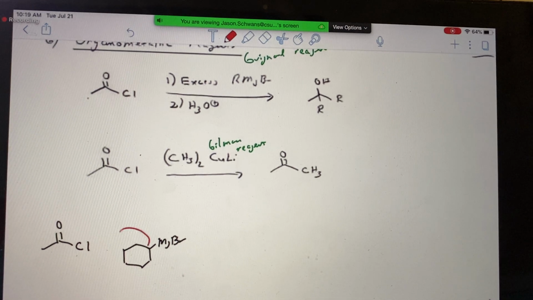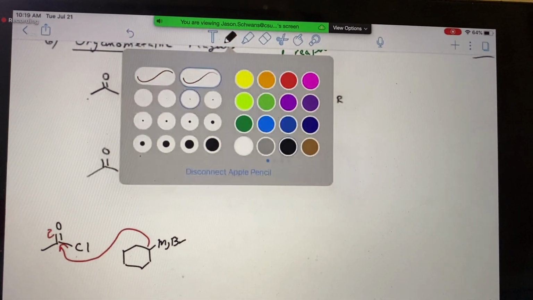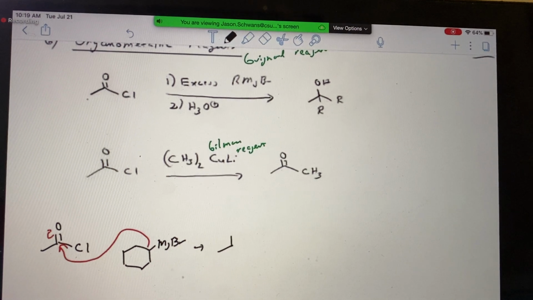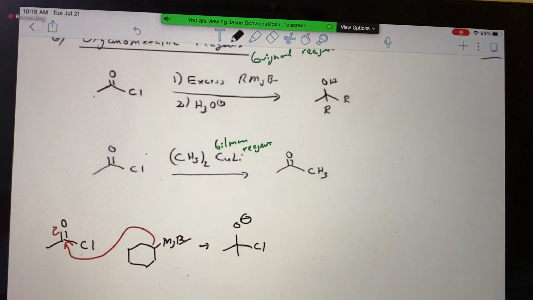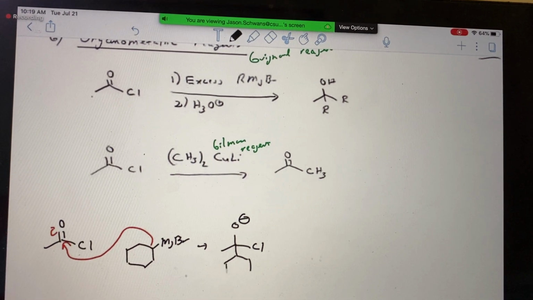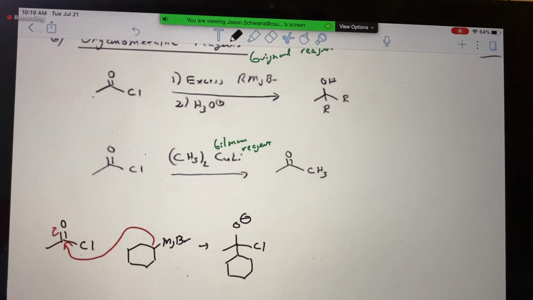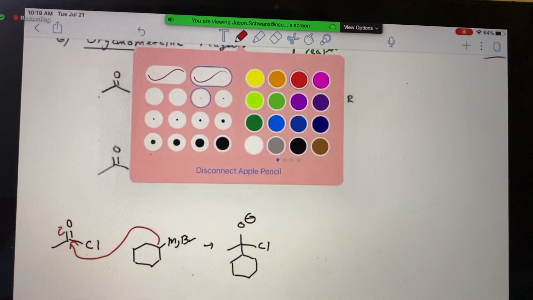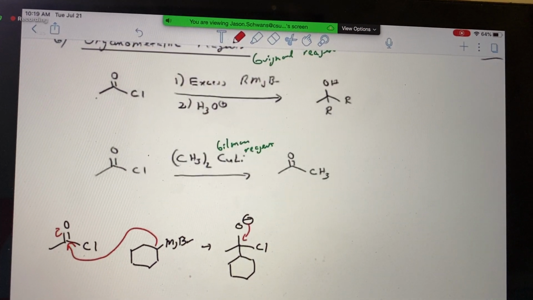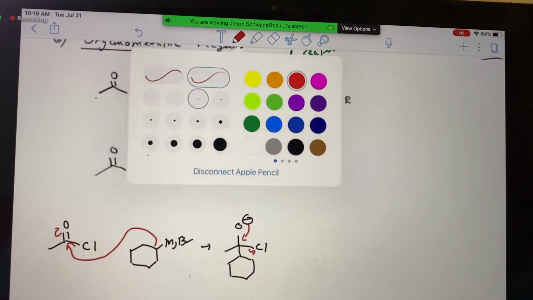We could have our Grignard reagent act as a nucleophile, attack the carbonyl carbon, form our tetrahedral intermediate, and we form a new carbon-carbon bond, like this. Now, in this particular case, we have only 1 good leaving group, a really good leaving group with the chloride. It's going to take off.